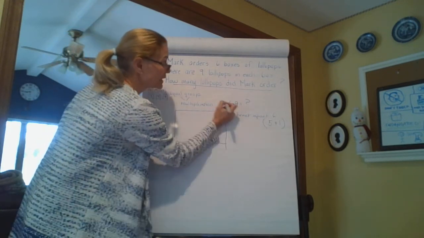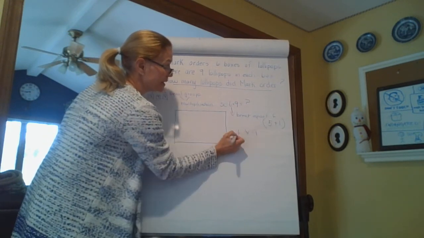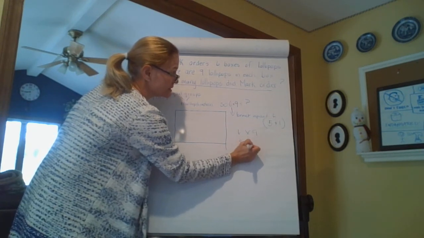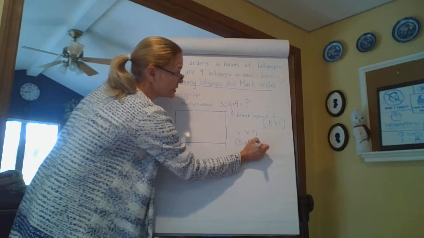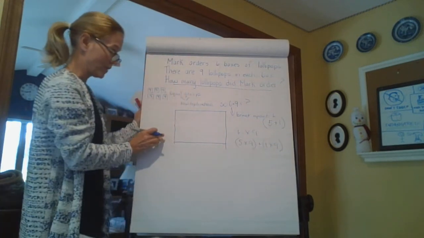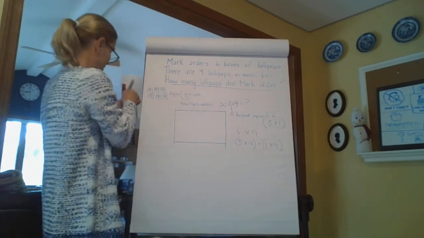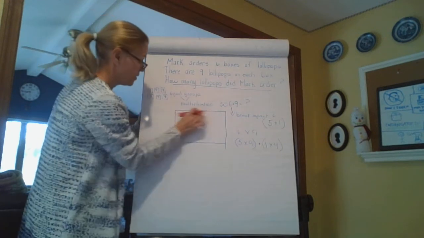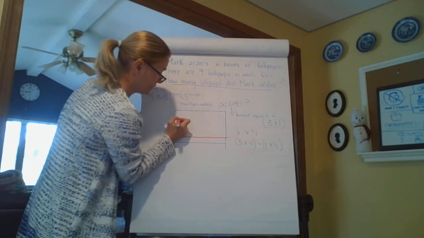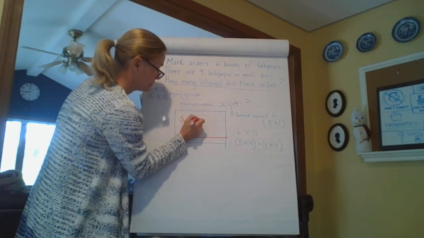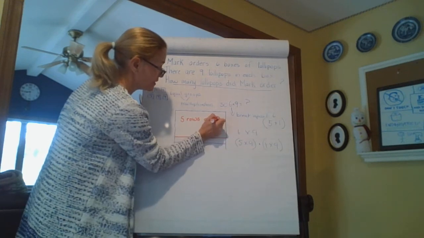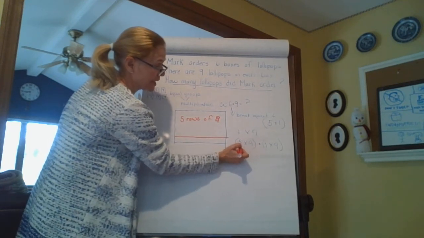So here we go. Instead of 6 times 9, that 6 became 5 plus 1. So now it's 5 times 9 plus 1 times 9. And on my array, I'm breaking my rows. So here we go. I'm going to break 1, 2, 3, 4, 5 rows. I've got 5 rows of 9.